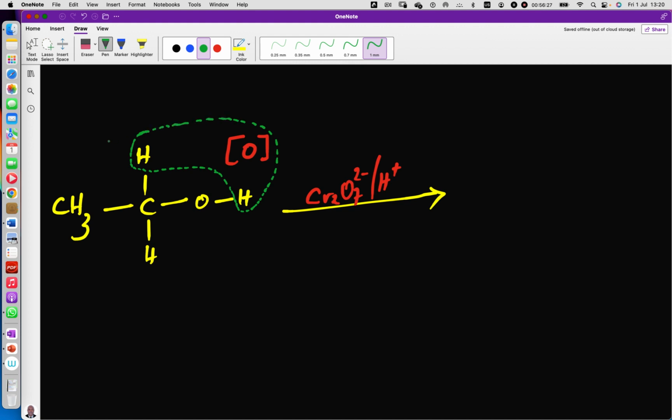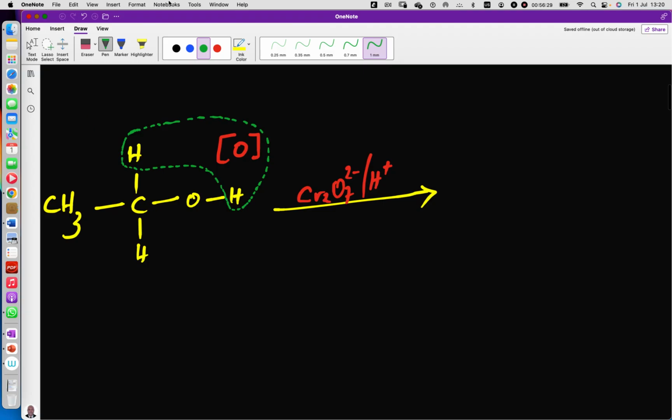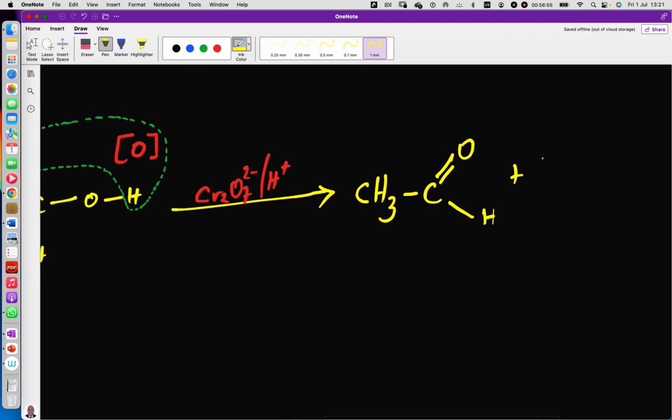That will be our product, and our product will be ethanol. Our product will be CH3, and a hydrogen, plus a molecule of water.